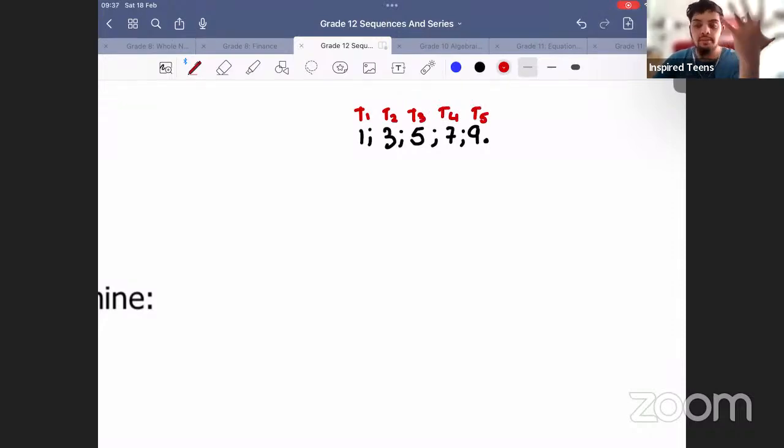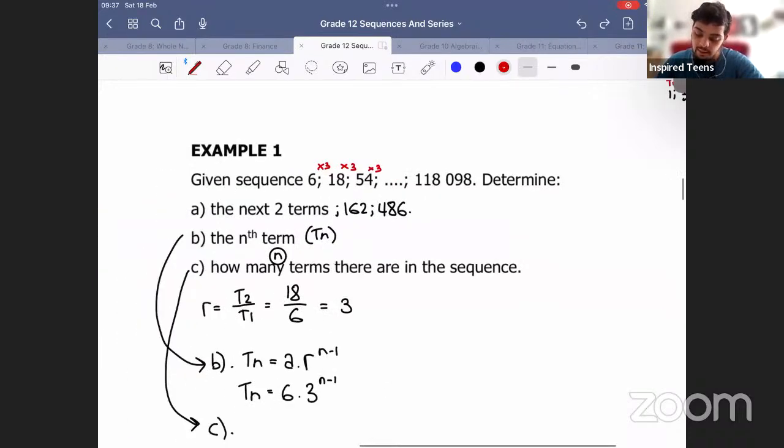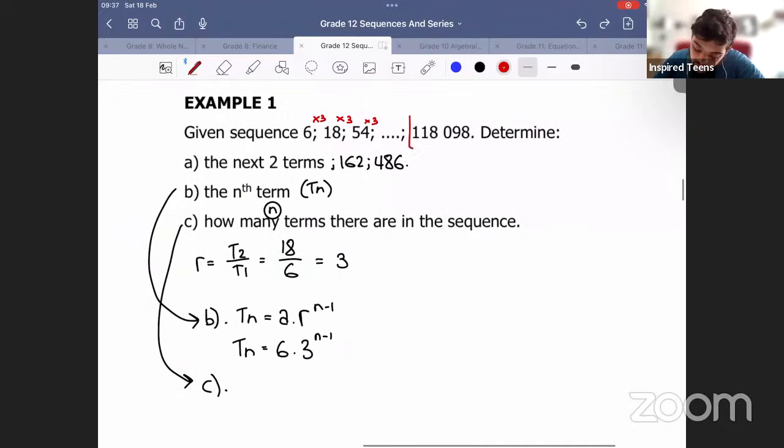Now, I have 5 terms in the pattern, and as you can see, T5, that number tells me how many terms I have in the pattern, because T5 is the 5th term. So whatever is the n of this number is going to tell us exactly how many terms there are in this pattern.